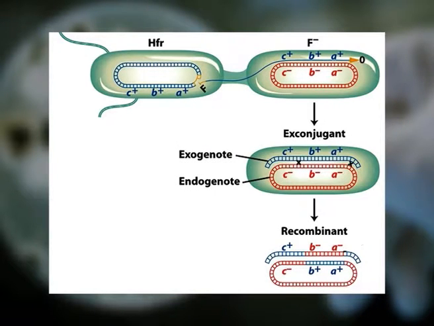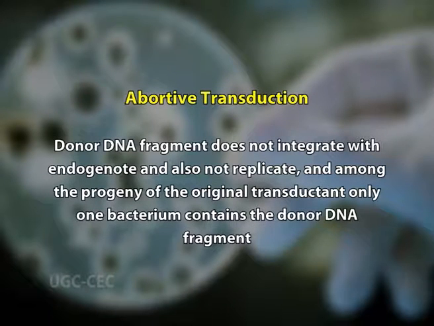The DNA remains double-stranded during transfer and both strands are integrated into the endogenote. In abortive transduction, the donor DNA fragment does not integrate with the endogenote and also does not replicate. Among the progeny of the original transductant, only one bacterium contains the donor DNA fragment.